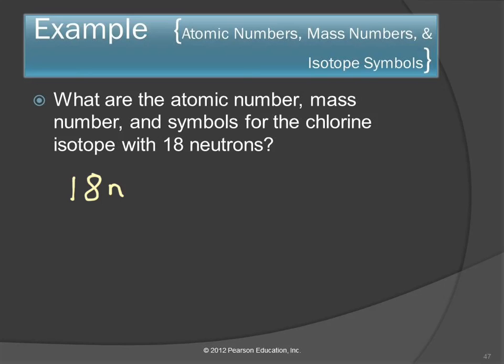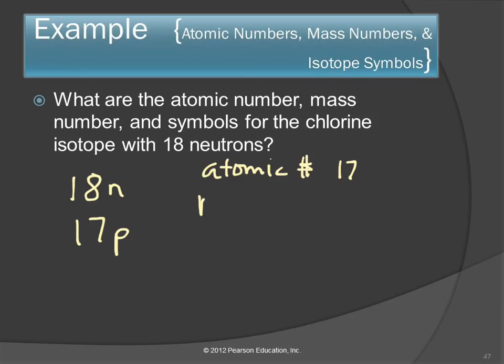Chlorine is element number 17. That means it has 17 protons. So what's the atomic number? The atomic number is the number on the periodic table, the number of protons. So the atomic number here is 17.